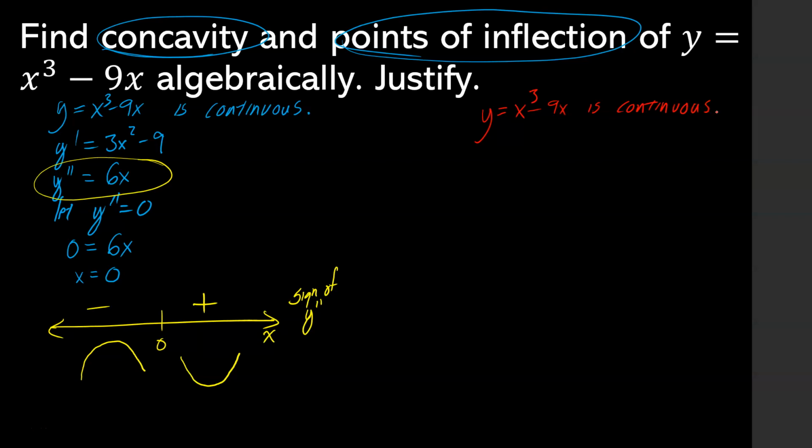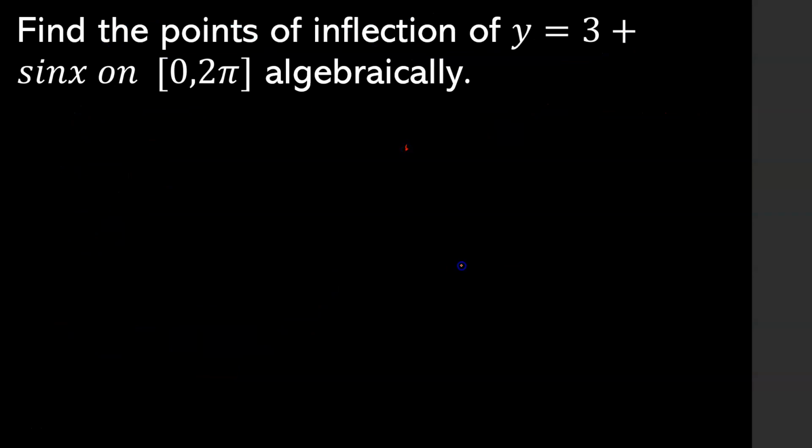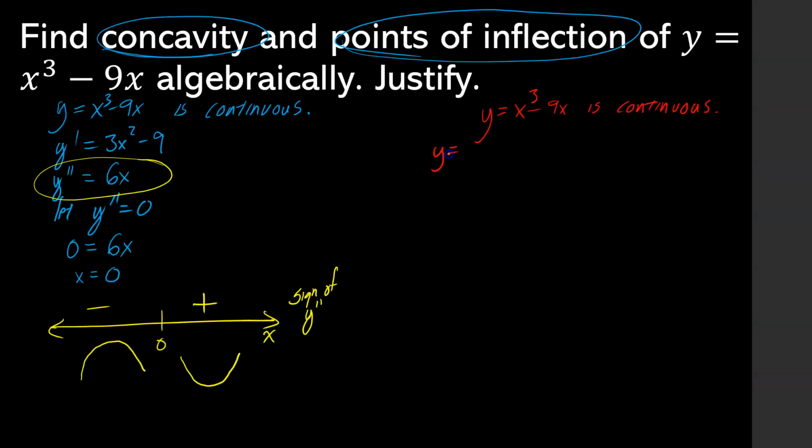So what do you want to do first? Y equals x cubed minus 9x is concave up, and you give us the interval from 0 to infinity because y double prime is greater than 0 on that same interval, 0 to infinity.